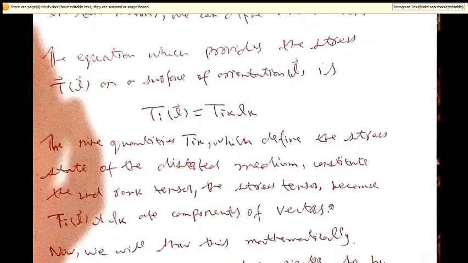How can they make the second order tensor? Because these Ti and l are components of vectors. You know that l is the unit normal vector of that surface, and Ti are the components of the traction which is acting on that surface.